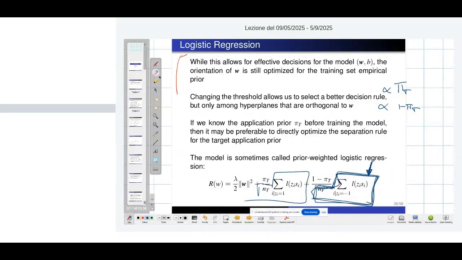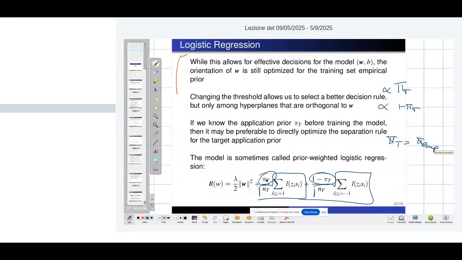The average loss for the two classes is assumed to be the one that I compute on my training set. And then the contribution of these two classes is weighted by a factor that is equal to the prior. Notice that if I use the prior that is the empirical training set prior, this becomes exact, these two disappear, and this becomes exactly the average version of the log loss that we have seen yesterday.